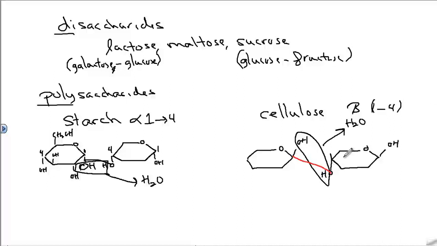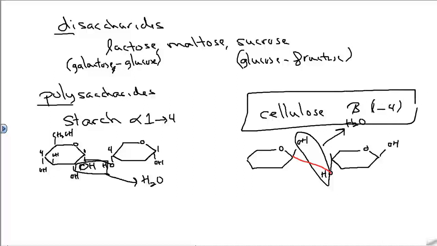It's beta from here. Now I know this is rather sloppy, but what you're required to understand is starch is alpha 1,4, cellulose is beta 1,4. Human beings do not have an enzyme to digest beta 1,4 linkages. We do have enzymes to digest alpha 1,4, so we eat starch: potatoes, corn, primarily starch, a lot of breads, carbohydrates like starch.